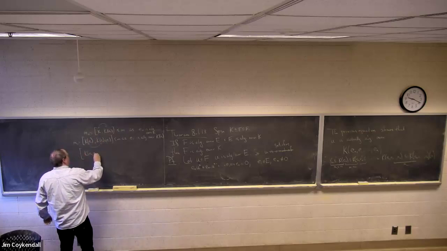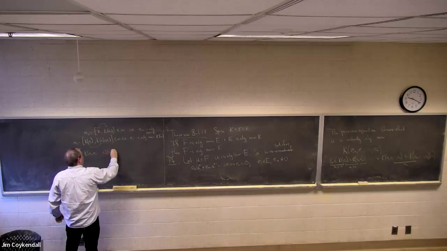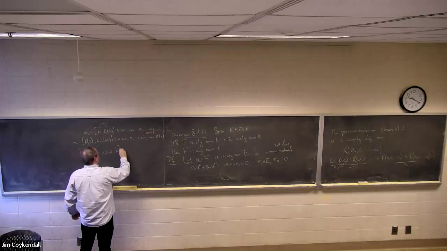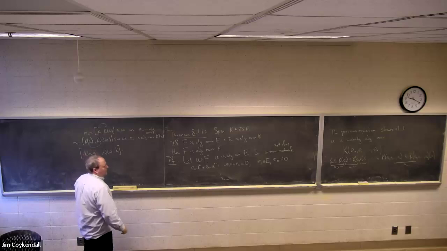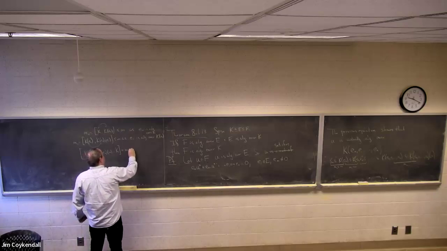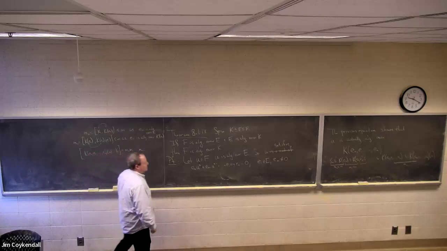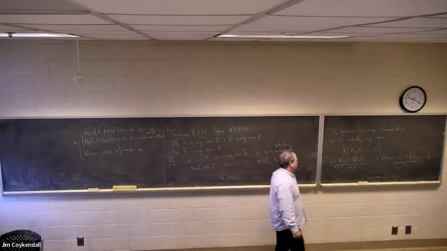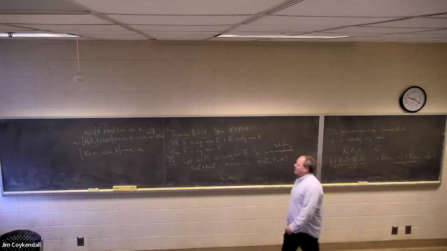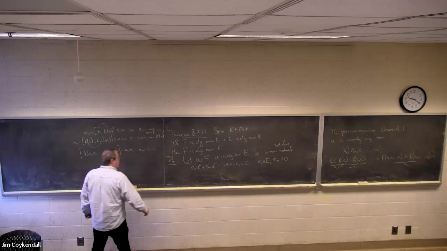The degree of K(E0, E1, ..., En, U) over K is equal to whatever that product is, M0 times M1 and so on, and it's finite. It's fine.